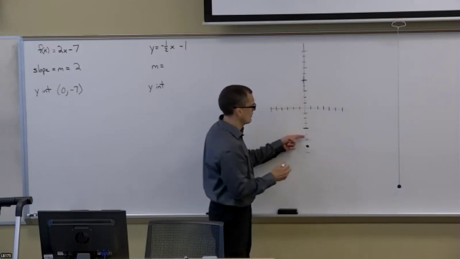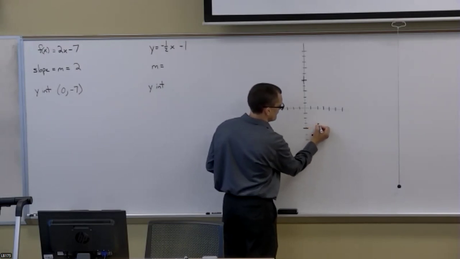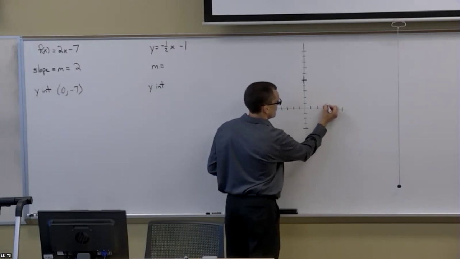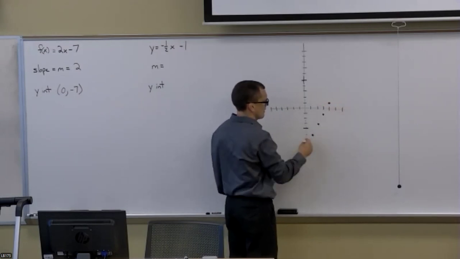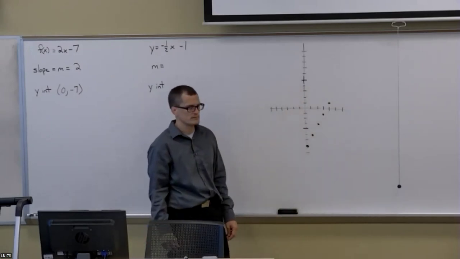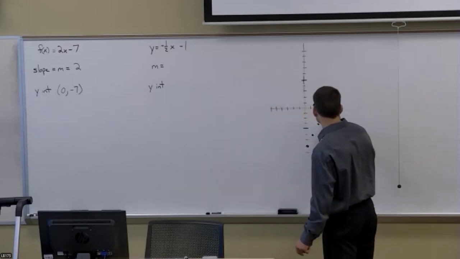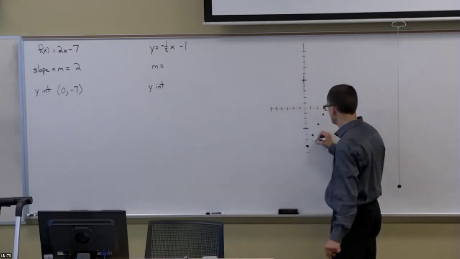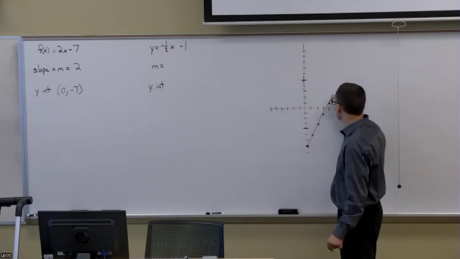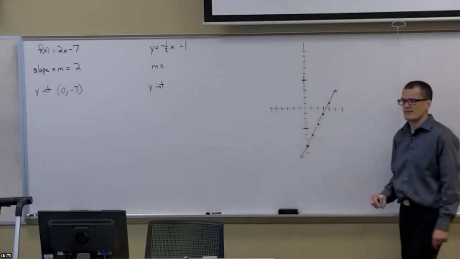So up 2 over 1, and then up 2 over 1, and then up 2 over 1, and then up 2 over 1, as long as you want it to be. I didn't draw it super efficiently, but that's what it is, roughly. And then we get that one.